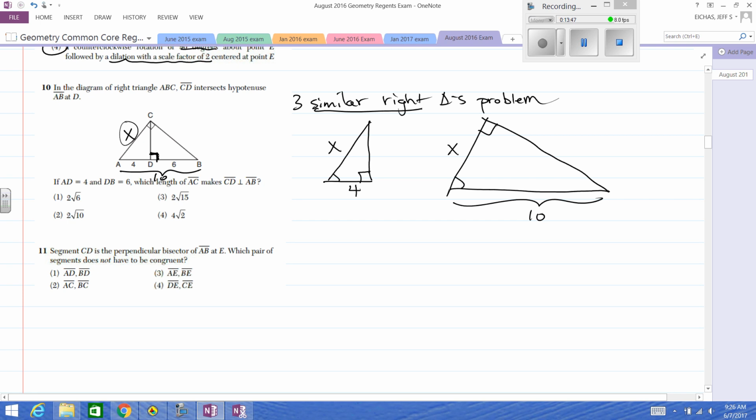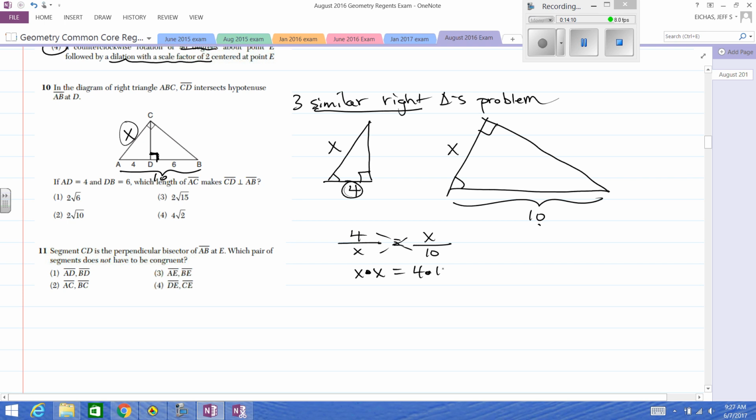So here's our proportion. Hypotenuse, or actually, let's go small leg first. Small leg on this one to small leg on that one should be the same as the hypotenuse of the small triangle to the hypotenuse of the big. So corresponding sides of similar triangles are proportional.